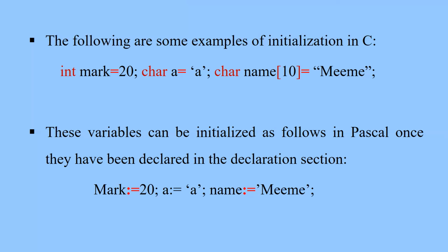In other words, you can assign 20 to the variable called mark. So these statements here assign 20 to mark, assign character A to the memory location called A, assign meme to the memory location called name. These are simply ways of initializing memory locations after you have already declared them in Pascal.